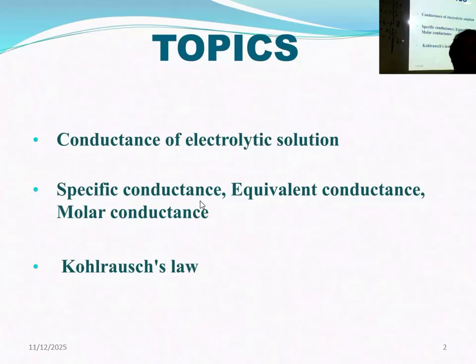Very close relation: lambda EQ equal to kappa into 1000 by N, whereas lambda M equal to kappa into 1000 by capital M. Because C will vary, if you take normality concentration or molar concentration, the total volume will vary accordingly.